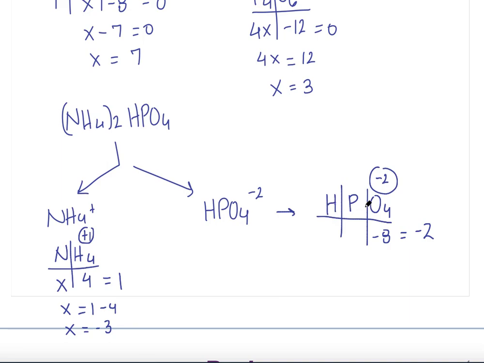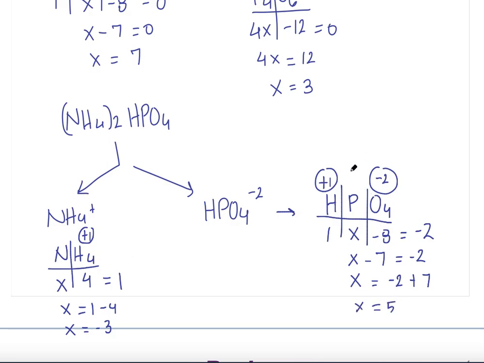So hydrogen here is bonded to non-metals again, which means that it's going to take an oxidation number of +1. And I only have one of them, so that's a 1. For phosphorus, I don't have any rules, so I'm just going to call it X. So what I have is that 1 plus X minus 8 is equal to -2, or X minus 7 is equal to -2, or X is equal to -2 plus 7, which means that X ended up being equal to 5.